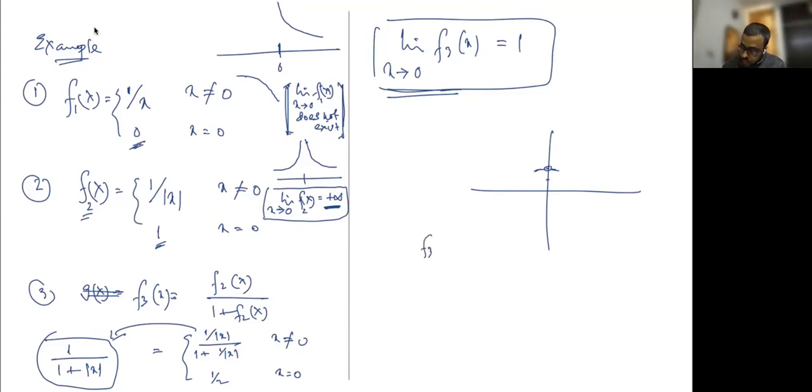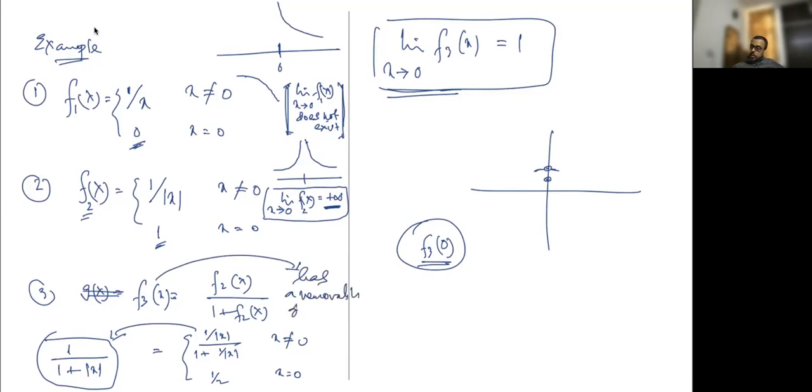So for this F3, you can see that you can just redefine it. You just change the definition of F3 at 0. Instead of half, you make it 1. Then F3 becomes continuous. So this function has a removable discontinuity at 0.